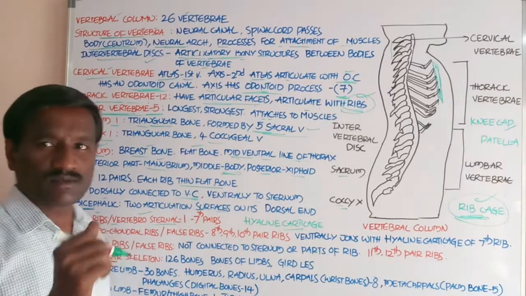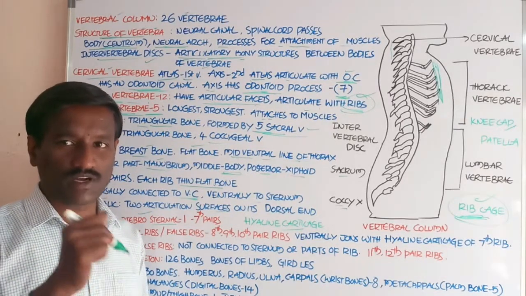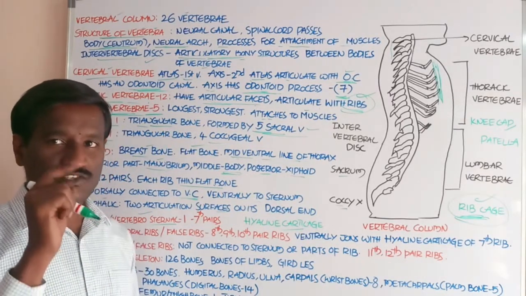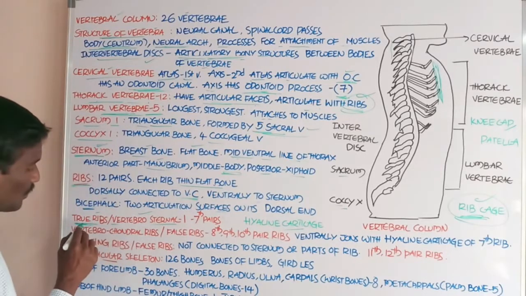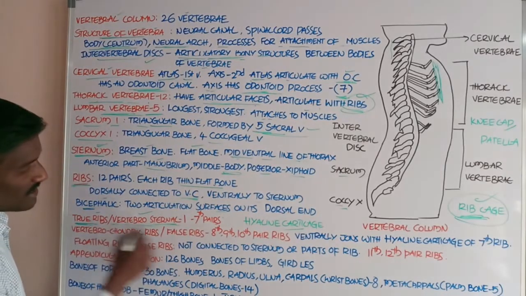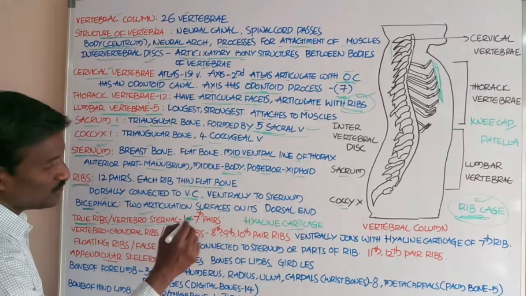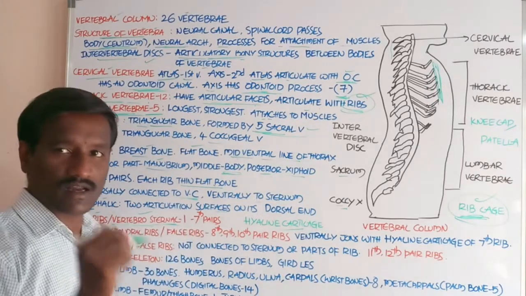Next, the ribs are differentiated into three types mainly. The first one is true ribs, or vertebrosternal ribs, the first to seventh pair of ribs.